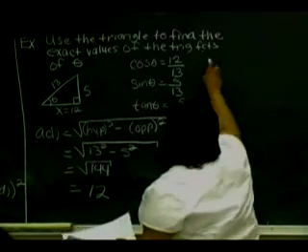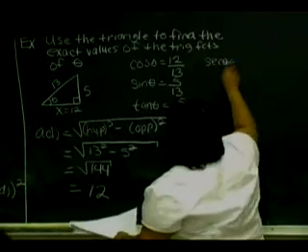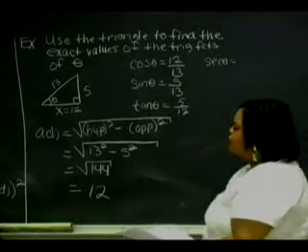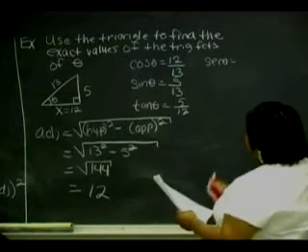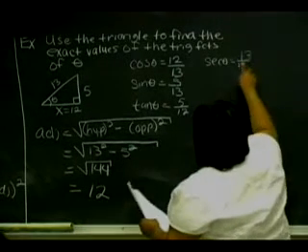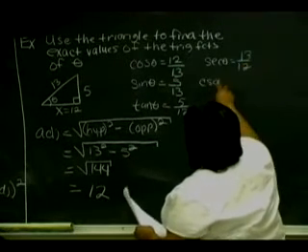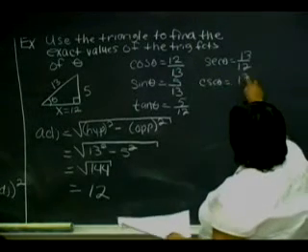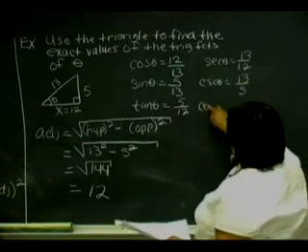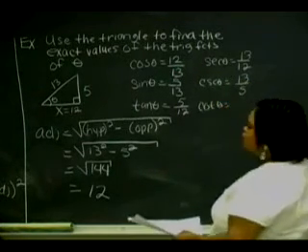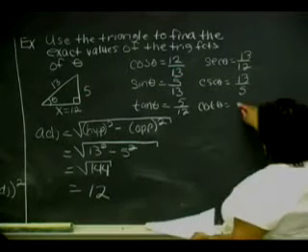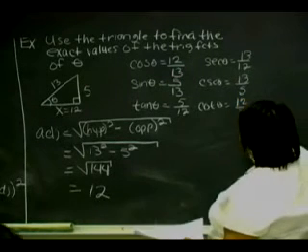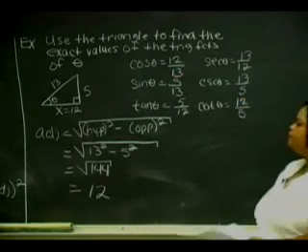And once we have these, we can easily find our other ones. Secant theta is a reciprocal function for what? Cosine. That's hypotenuse over adjacent. Cosecant is our reciprocal function for sine. That's hypotenuse over opposite. And cotangent is the reciprocal function of tangent. That will be adjacent over opposite. Okay?